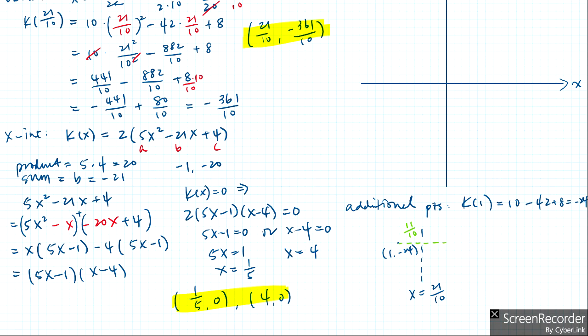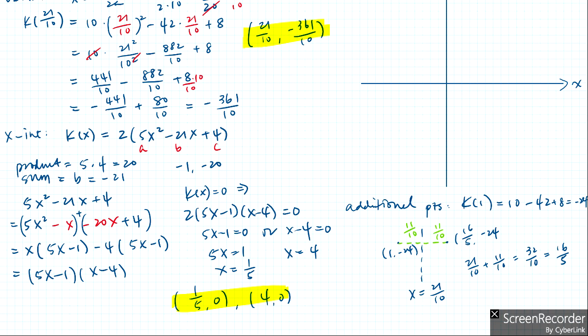That means I need to move another 11 over 10 in distance to the right side. Once I do so, I can find the x-coordinate is 21 over 10, which is the axis of symmetry, plus 11 over 10, that distance, which gives me 32 over 10, can be reduced to 16 over 5, and therefore this point is (16 over 5, negative 24).